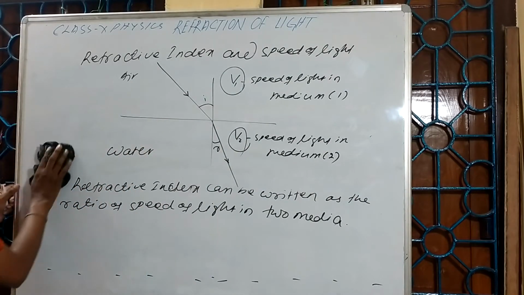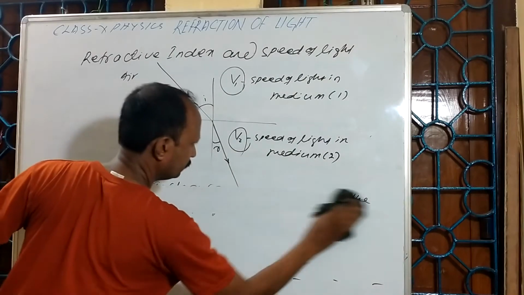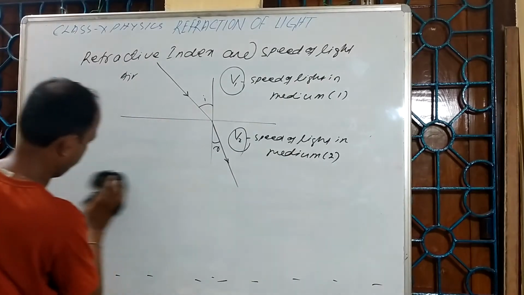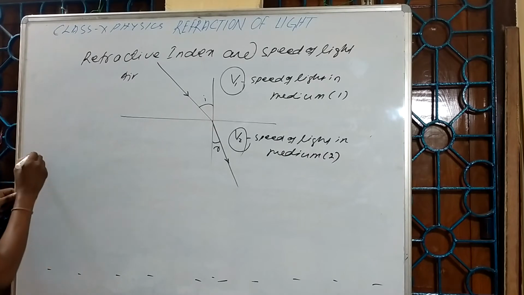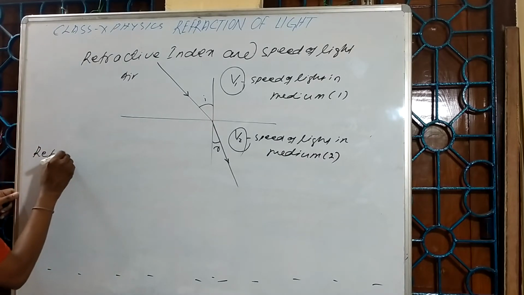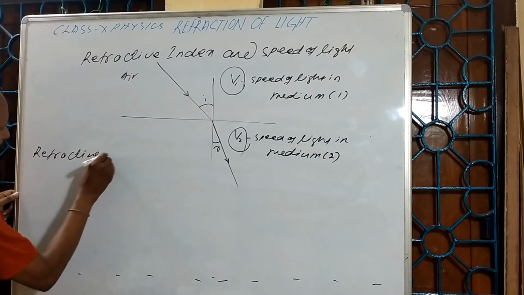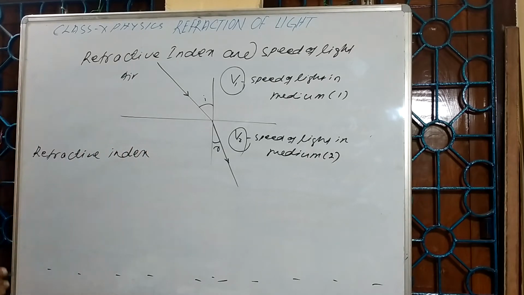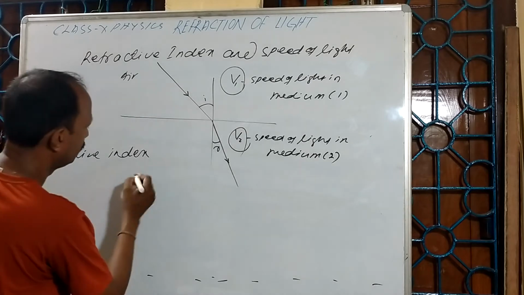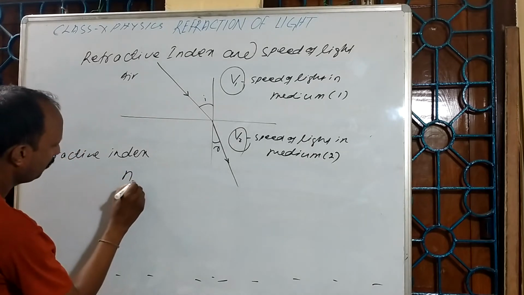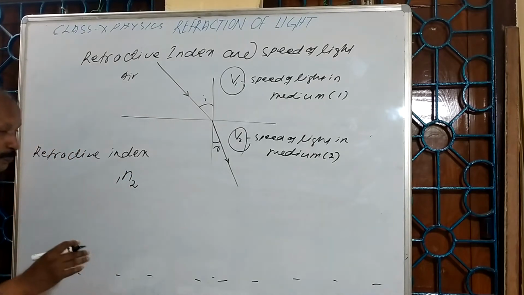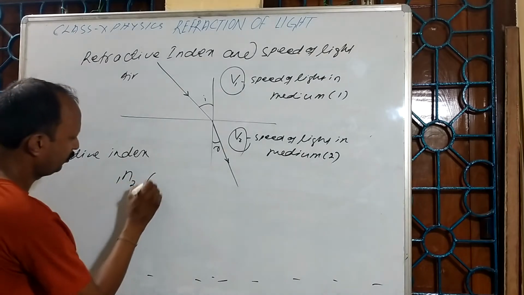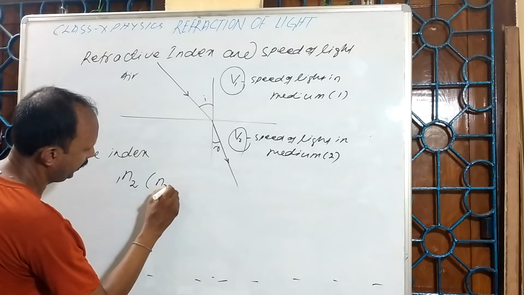Then I can say that refractive index of medium 2 with respect to medium 1, in some books it may be written n21.